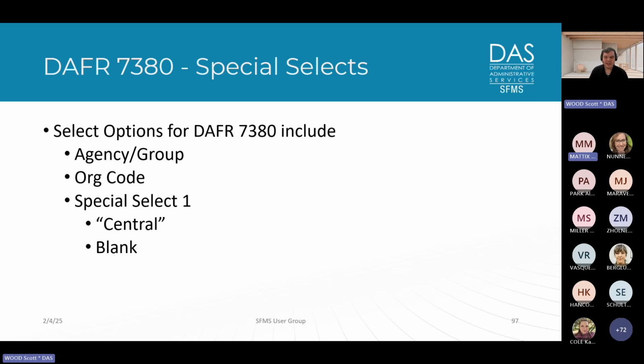And special select 1, you're mostly going to be using nothing in this because it's for specific agencies, and you just entered that in the agency or group field. However, central reports will use central for this to gather information from all agencies for various purposes.